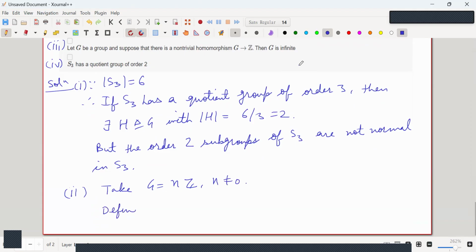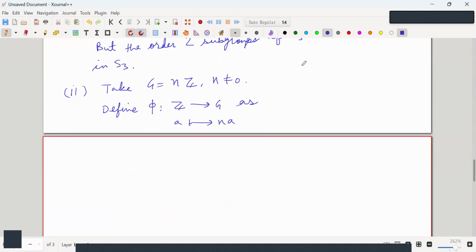Define the map phi from Z to G as a mapping to na. Then this is clearly a homomorphism, right? You can check that. a plus b will map to na plus nb, which is n of a plus b, and that's the image of a plus b. So this implies phi is a homomorphism.